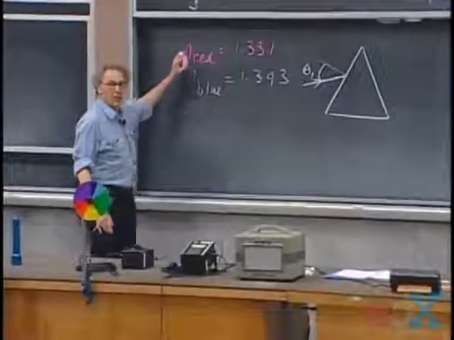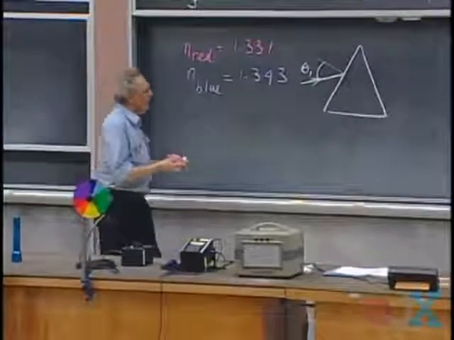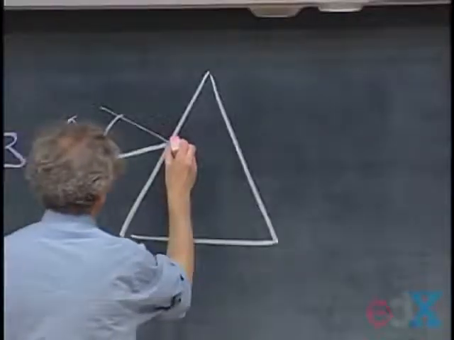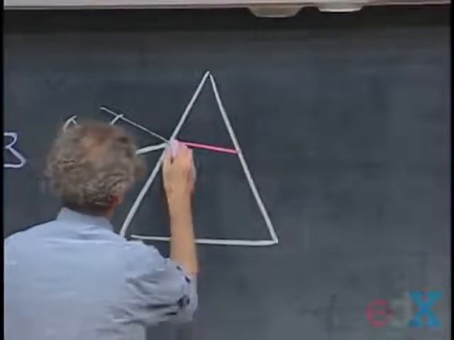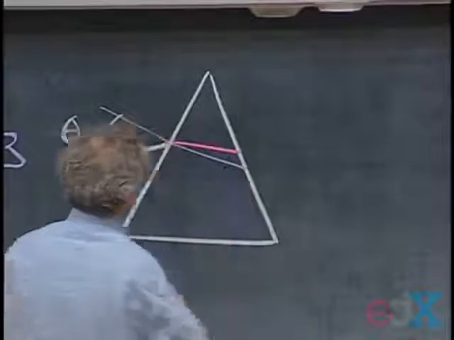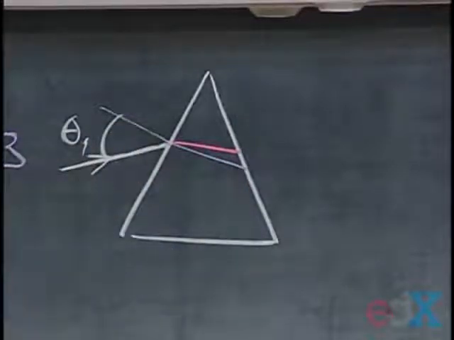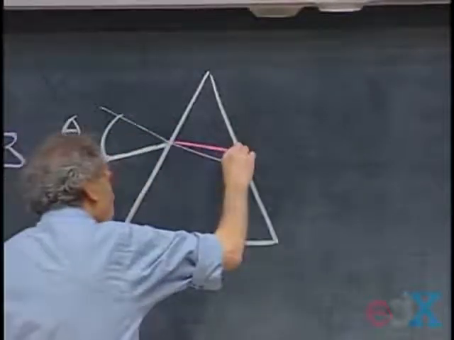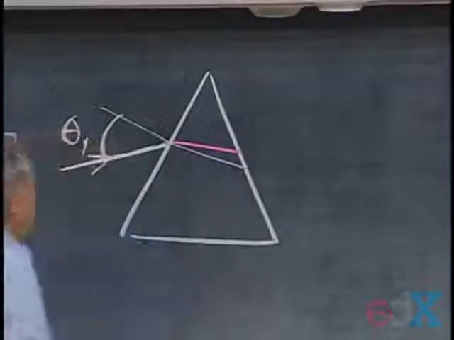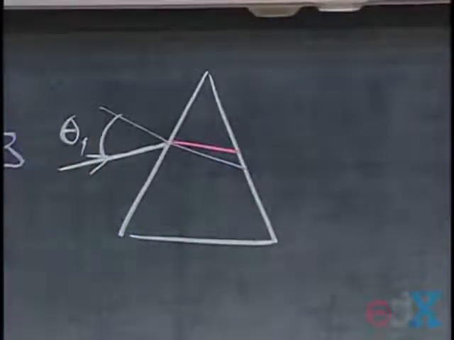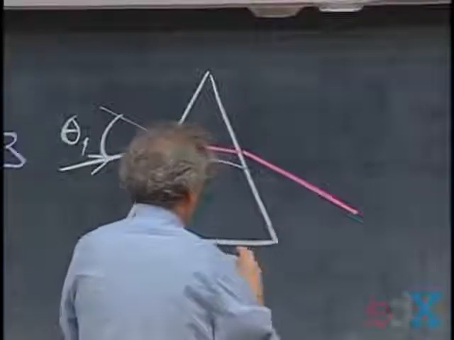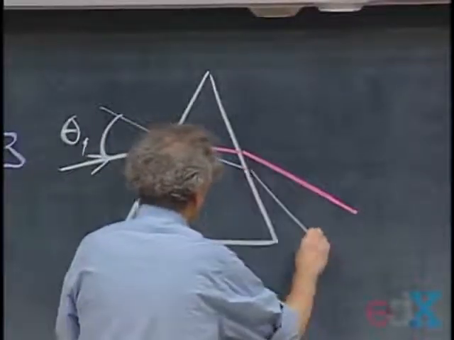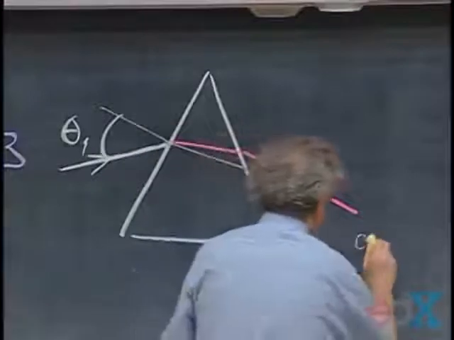This is for water, but you can look them up for glass, of course. And then you will see there is a difference of the index of refraction for red light and for blue light. So when you reach this side of the prism, again you have to apply Snell's law. And when you do that, you will see that the red light doesn't come out at the same angle as the blue light, but the two diverge.